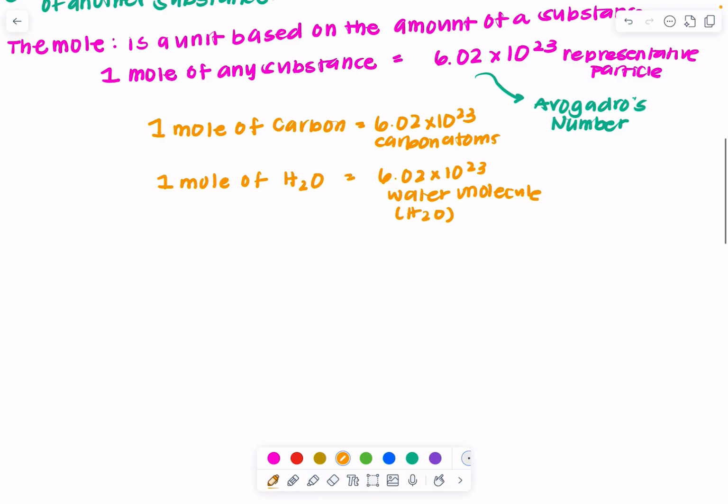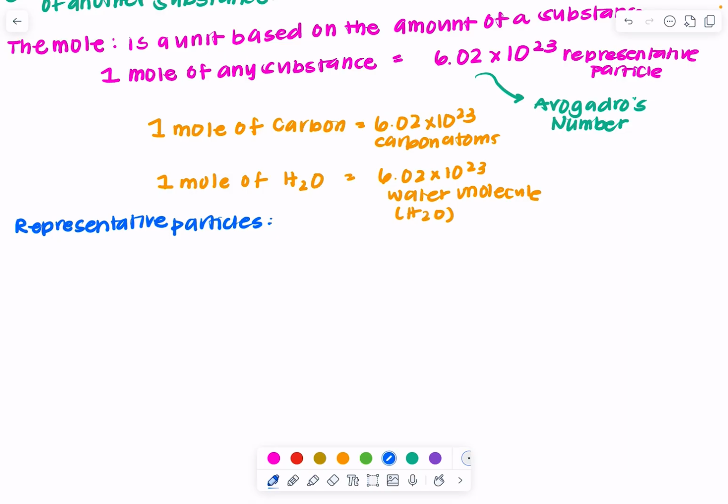Basically, this idea of the mole is super important. When we talk about things called representative particles, this is kind of interesting to understand, but particles are just what substances are actually made of.